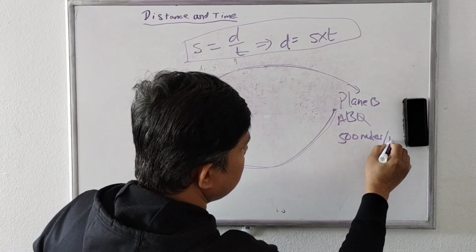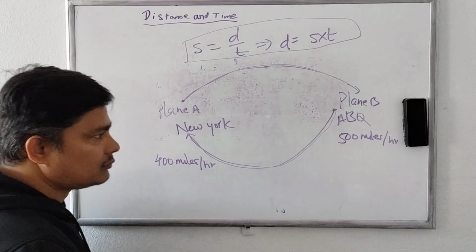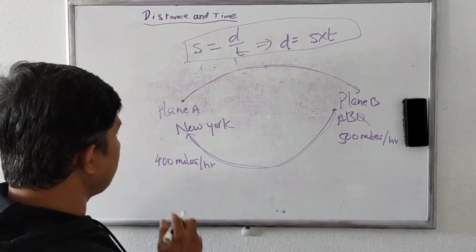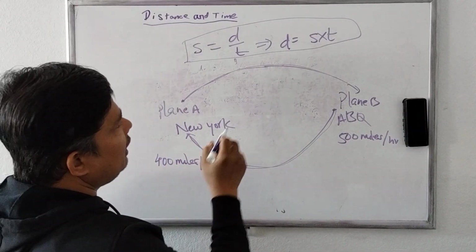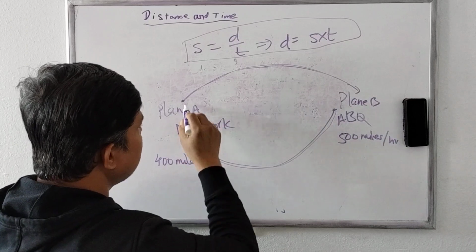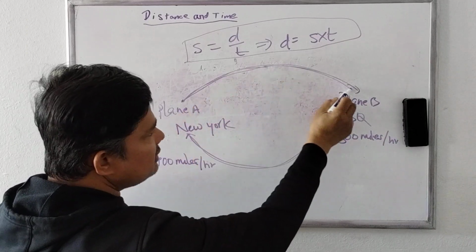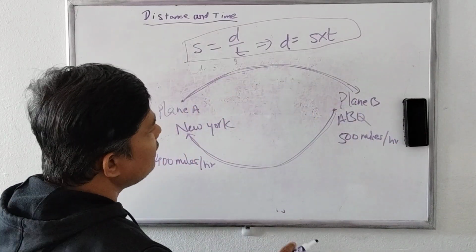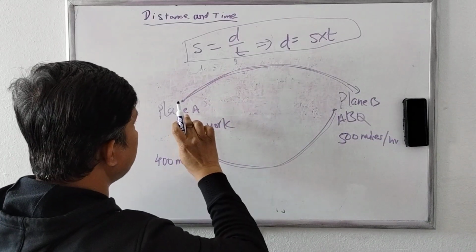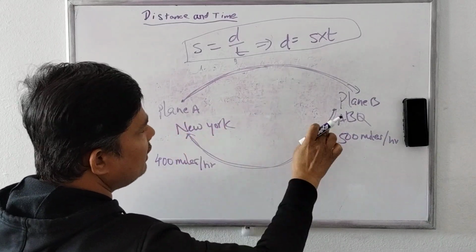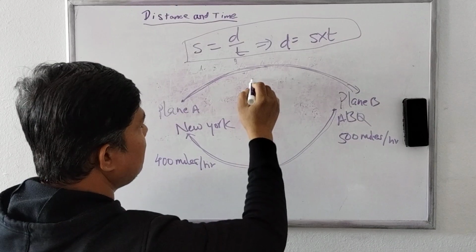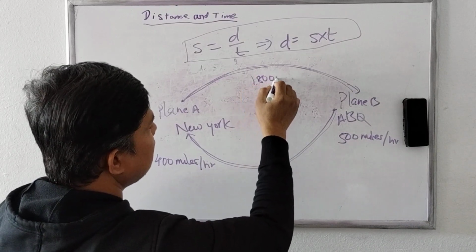And the aerial distance, not the road distance, the flight distance between New York and Albuquerque, let's say is 1800 miles.